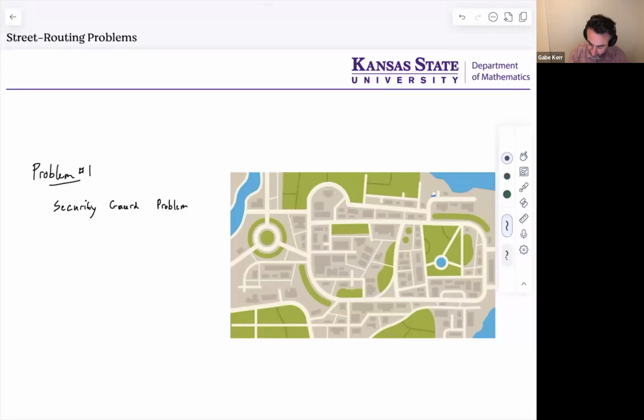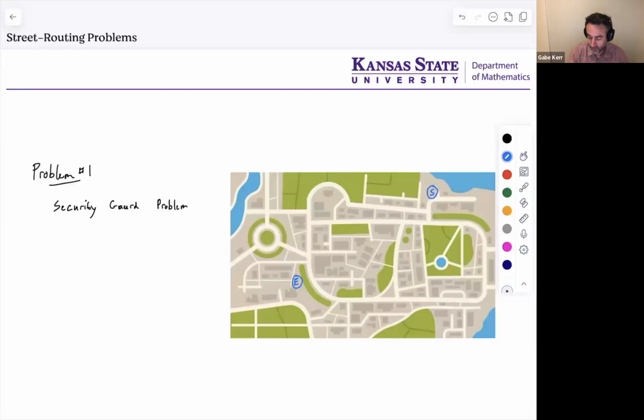Okay. So I have some location, which I'll label as S for start. And then I have some other location that's the endpoint. It could be the same place, but let's say the endpoint is here.